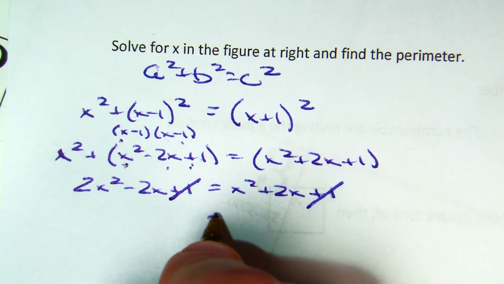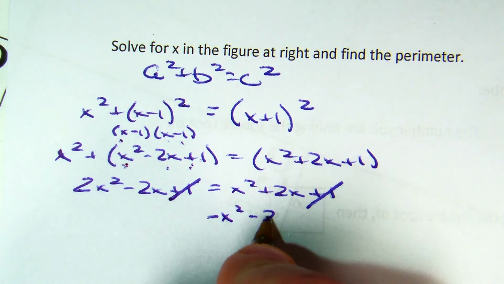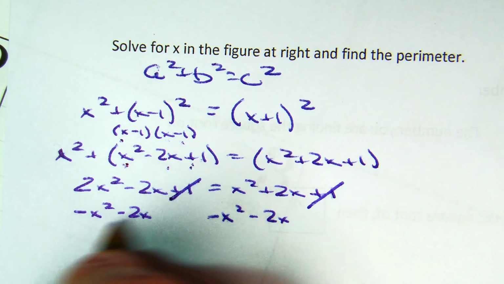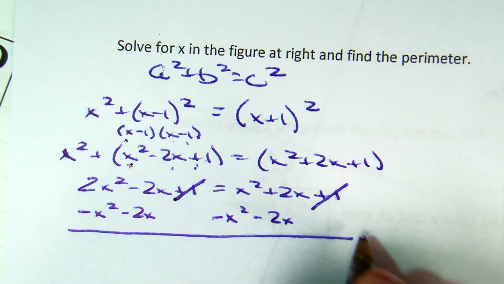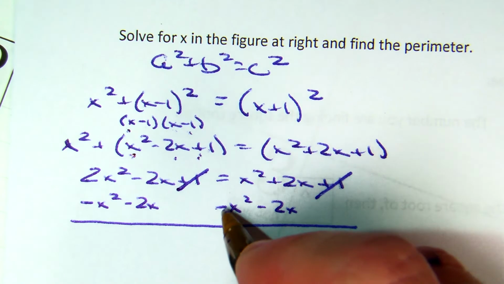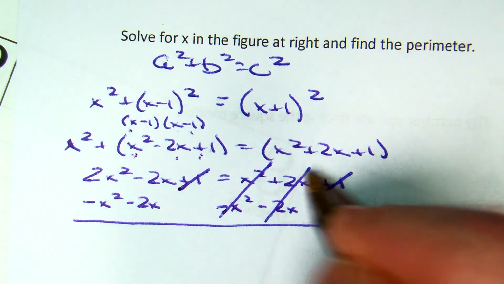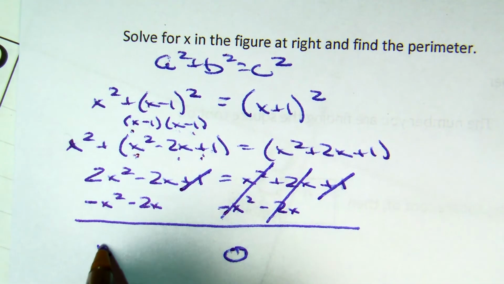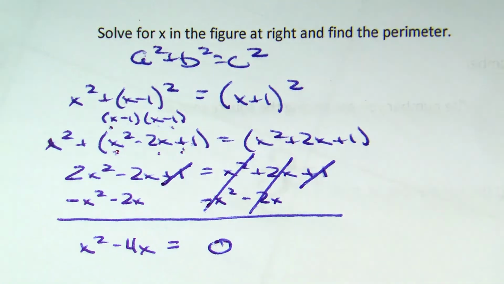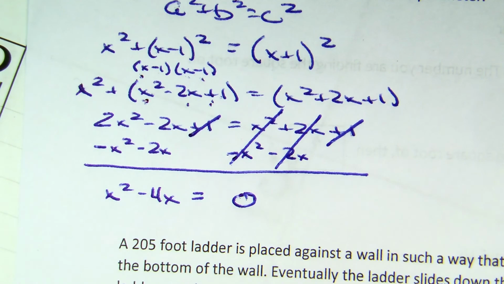So I'm going to subtract x squared and minus 2x from both sides. Everything on the right-hand side cancels out, leaving you with 0. On the left-hand side, I'm going to have x squared minus 4x equals 0.